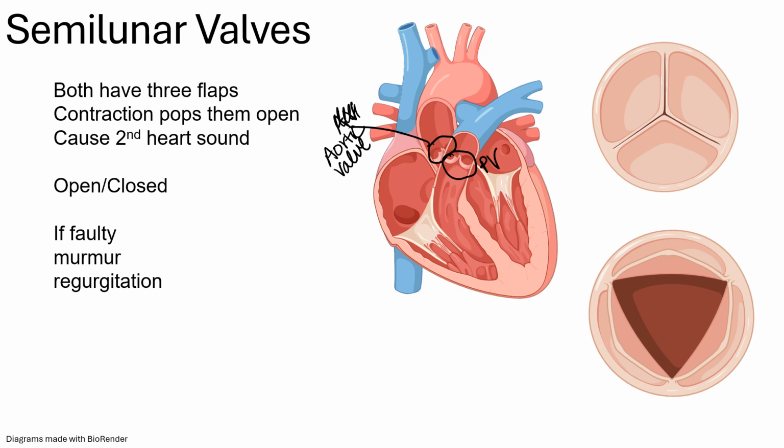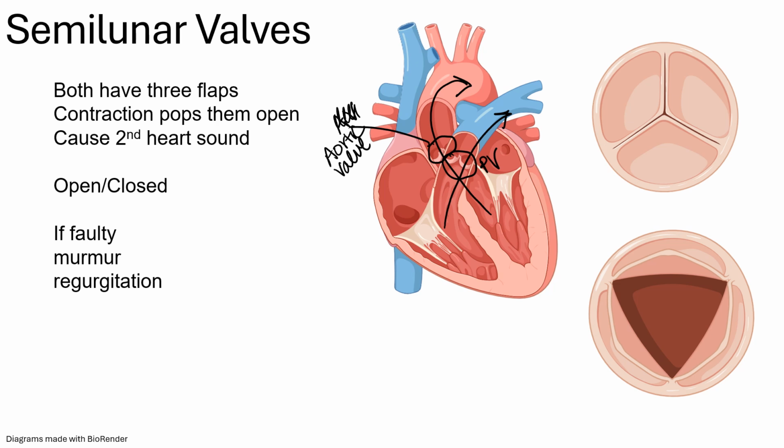purposes. When the heart contracts, these valves, bing, they pop open and they allow blood to flow into the pulmonary artery or into the aorta. So, a faulty semilunar valve, either one, causes backflow from these vessels into the ventricles.